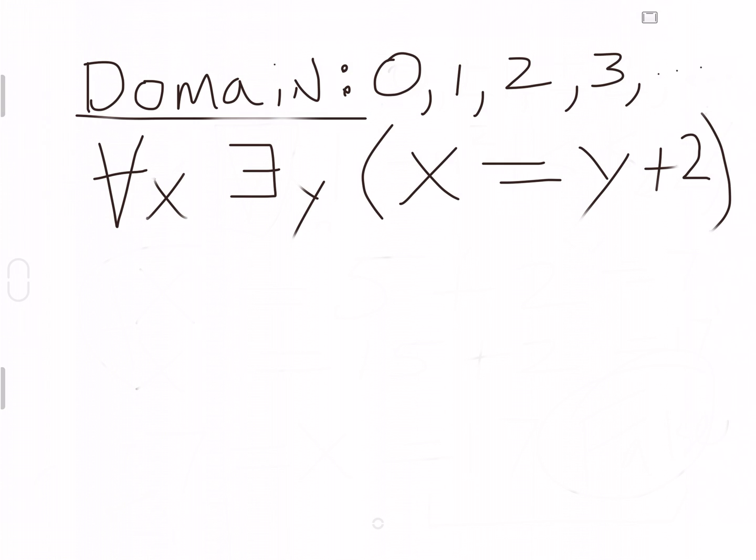Now our domain is the natural numbers, the counting numbers, 0, 1, 2, 3, 4, 5, 6, 7, on to infinity.